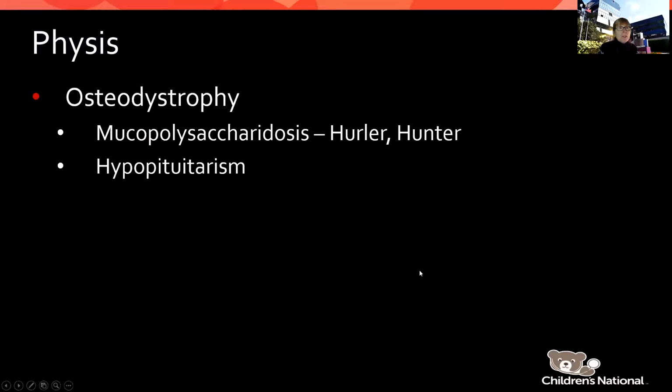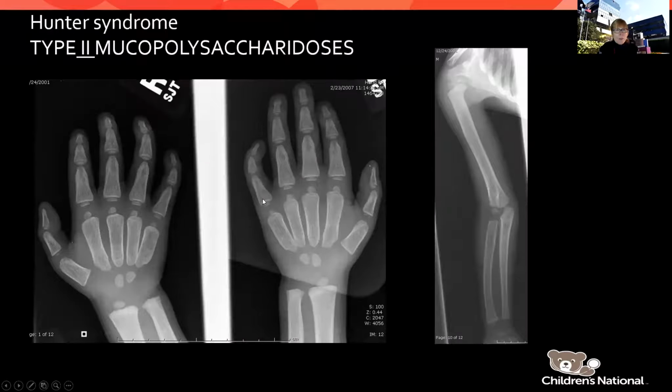Now, when we move to the physis for the osteodystrophies, this is where your Hunters and Hurlers can fall in. They don't have as many changes to the epiphysis as Morquio does, so they are not going to be as short, and they have more significant CNS effects. And for hypothyroidism, you just get delayed bone age.